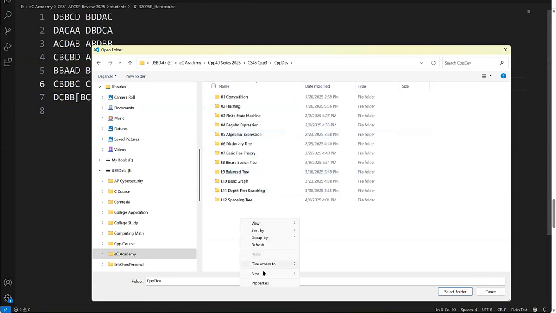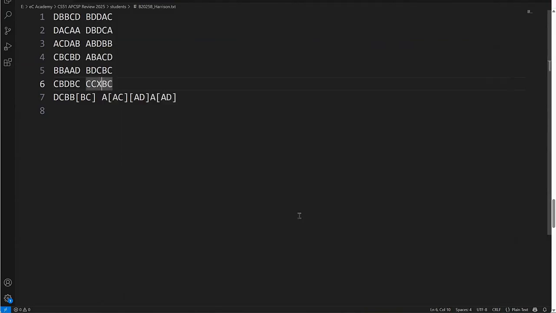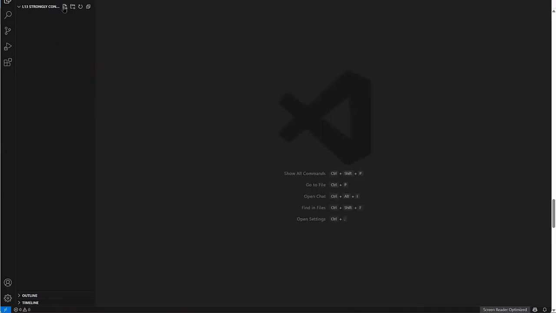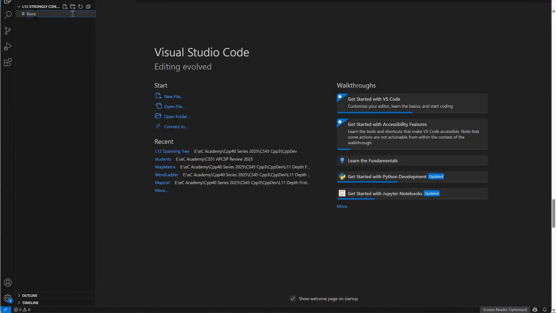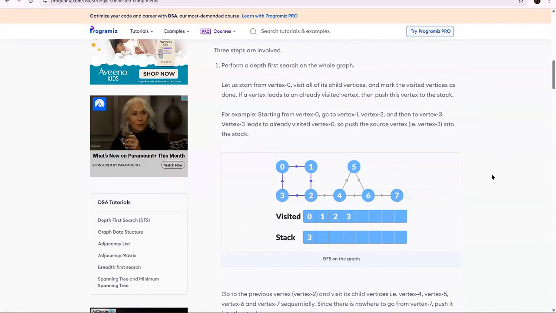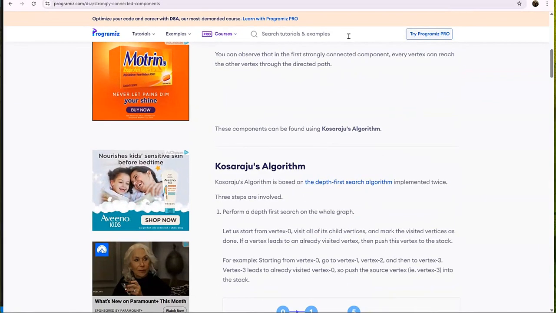So this one is called L13, lecture 13, strongly connected component. And this one is called the Kosaraju. I'm sorry, I'm not good at spelling.